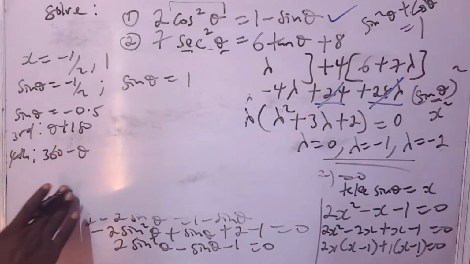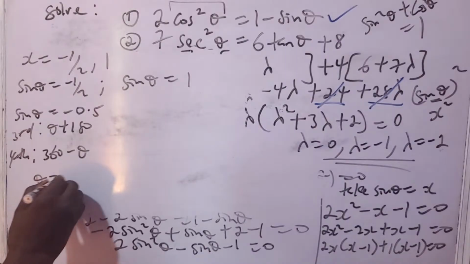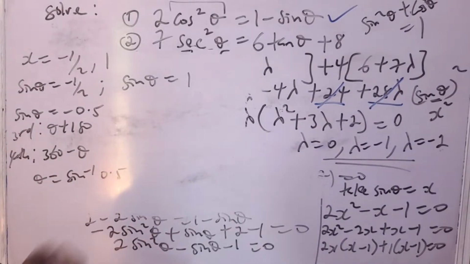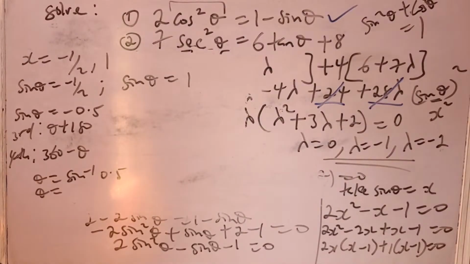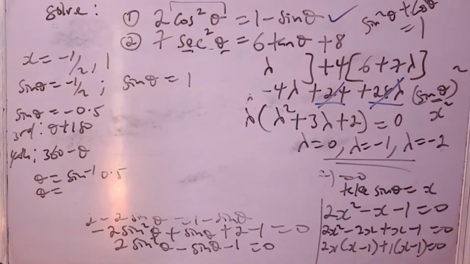So the question next is, how do we find this value for theta? To find the value for theta, we just have to say theta is equal to arc sine 0.5. At this time you will be ignoring the minus. So what is arc sine 0.5?